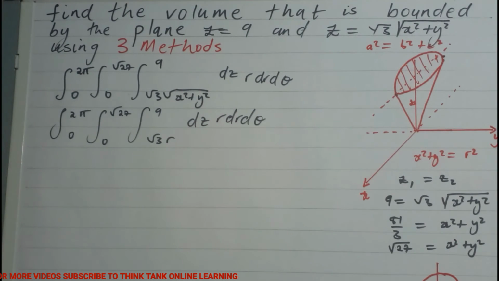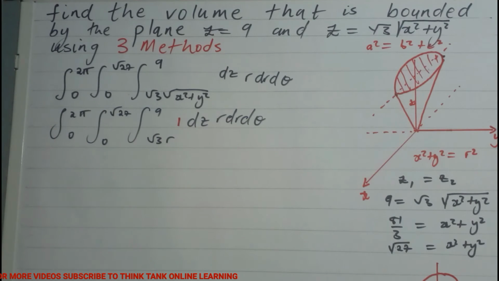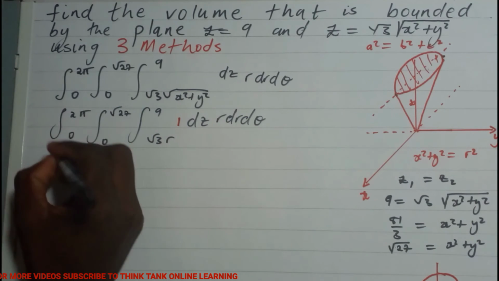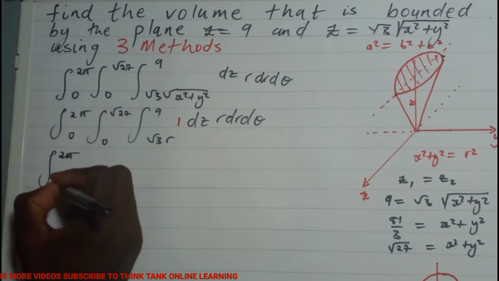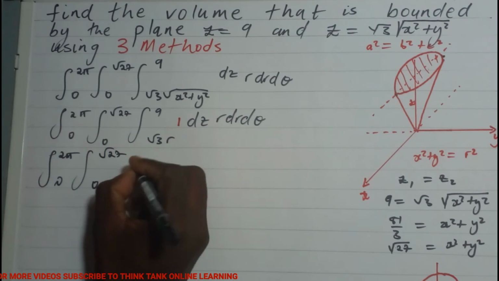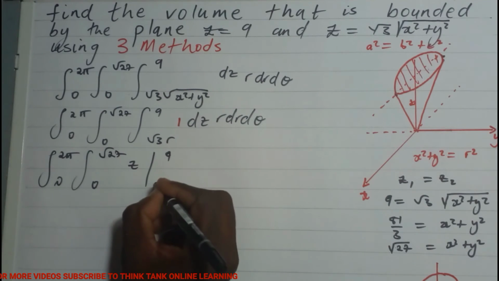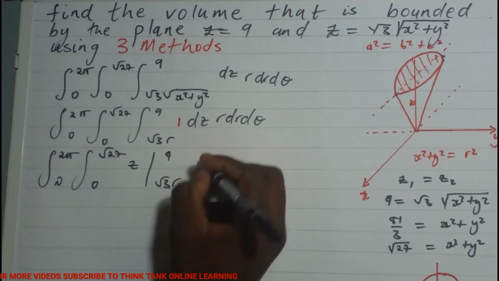And now let's compute our triple integral. First of all, we don't have anything here, so that means we have 1. So I'm going to integrate with respect to z. Okay, and if we do that, we're going to get 2 pi 0 root 27 0, and here we have z. What about the limits? 9, root 3 r.